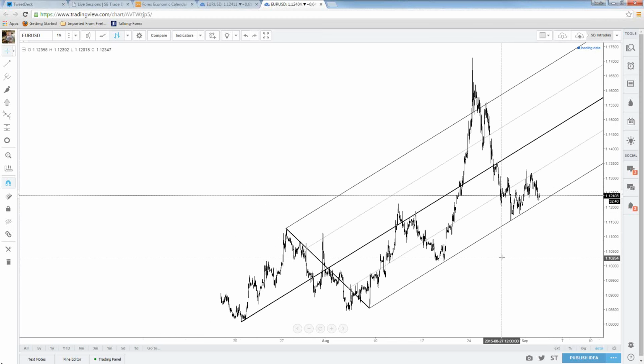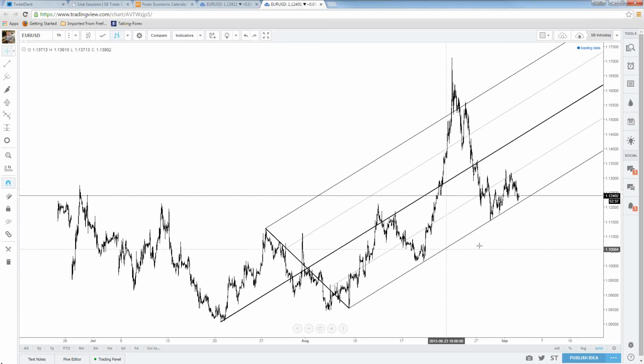And if we just kind of scroll out a little bit and get a picture of what price action has done for the last month and a half or so, we have an uptrend, and we're kind of at that make or break point within this uptrend, okay?